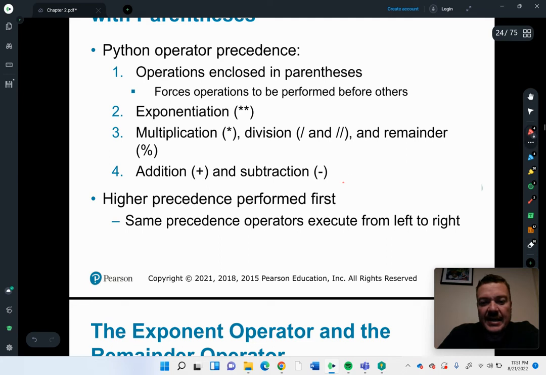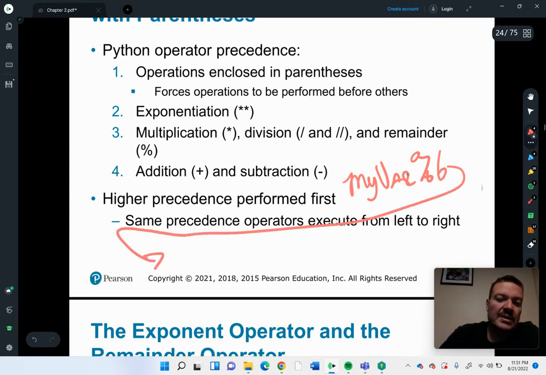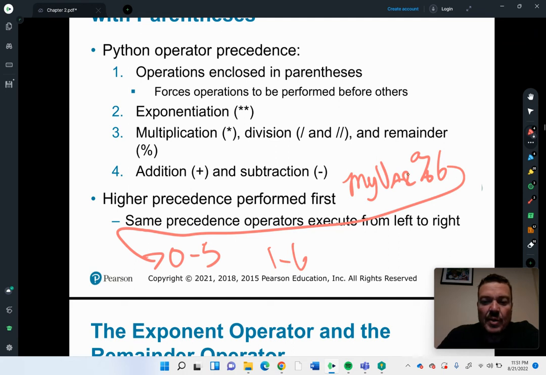So we say my var modulus 6. It's going to always return a number 0 to 5, but we want our number to be 1 through 6. So let's say we take my var modulus and we just assign it to die, right?